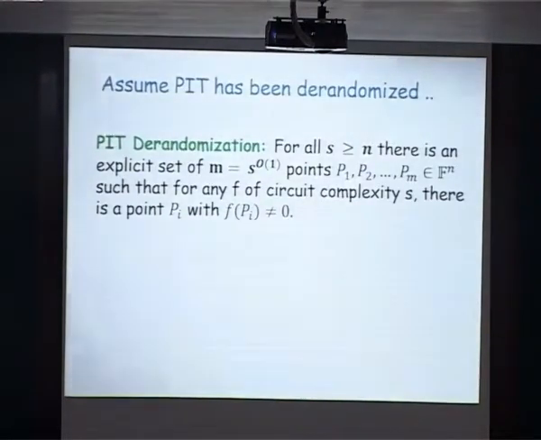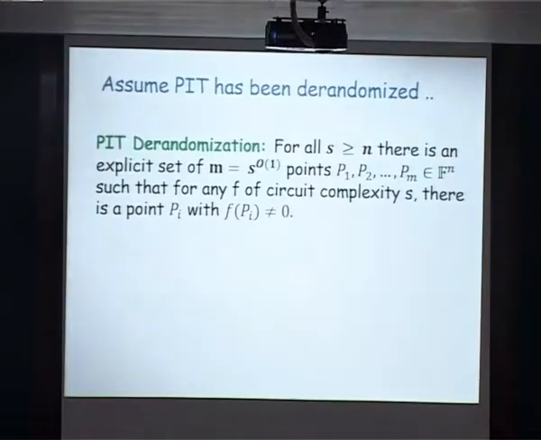You have a bunch of points, polynomial in S many, with the assurance that for any circuit of size S, if you hit that circuit with one of these points, then at least one of the outputs must be non-zero. If you had such an explicit set of points, you could obviously de-randomize identity testing: just check the output of the circuit on each of these points.